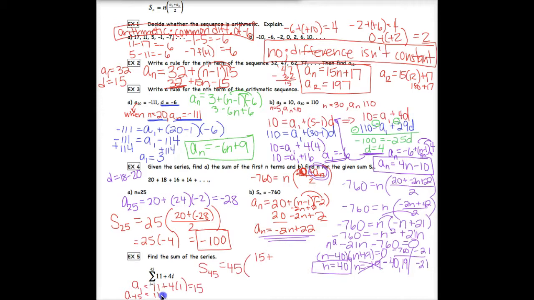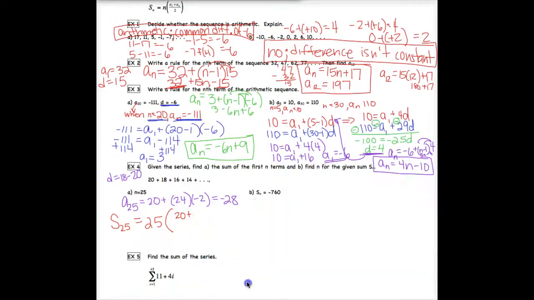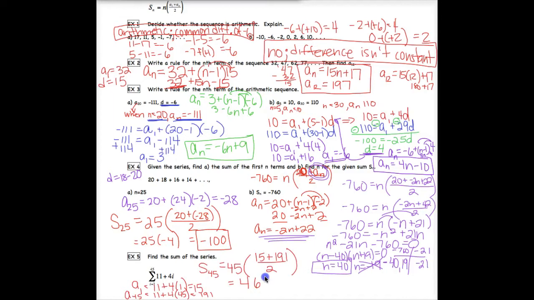So 11 plus 4 times 45, which 4 times 45 is 180, plus 11 is 191. So plus 191 divided by 2. And now we just need to plug this in. So 15 plus 191 divided by 2, then multiplied times 45 should give you a sum for your series of 4,635.